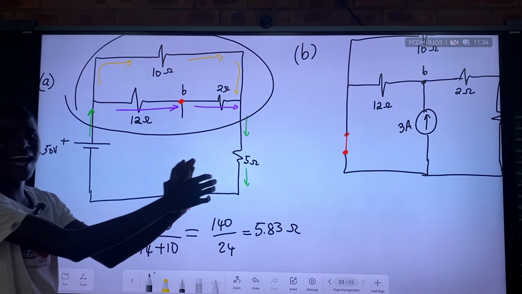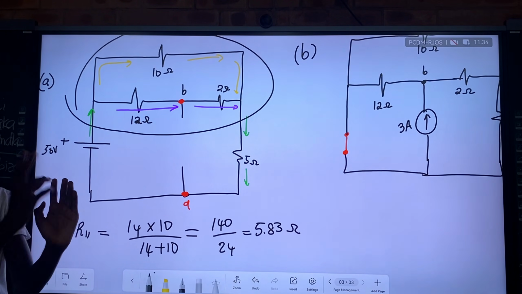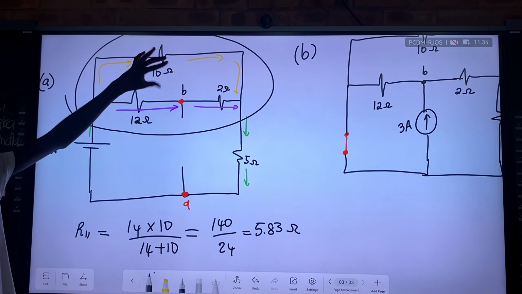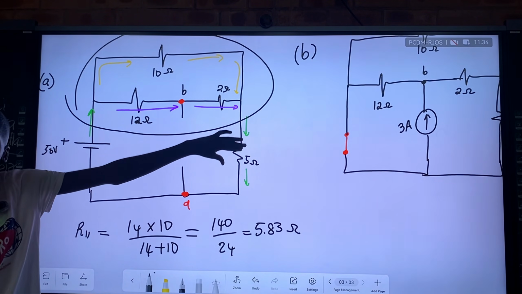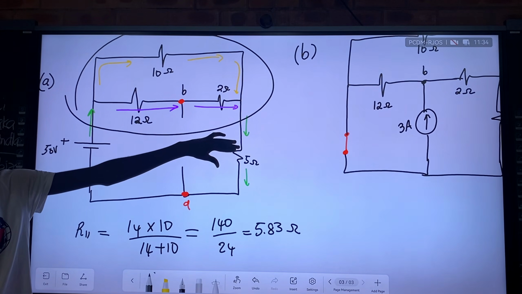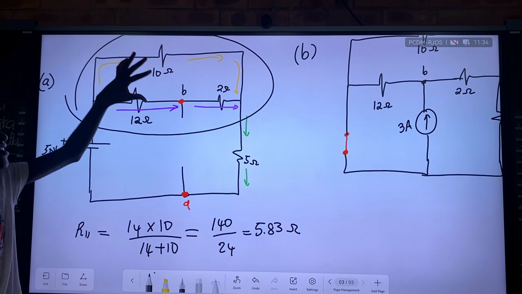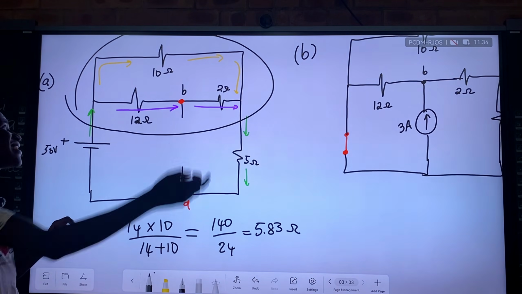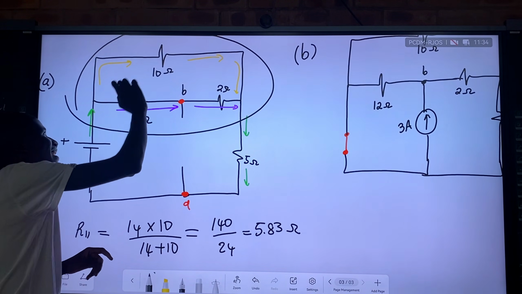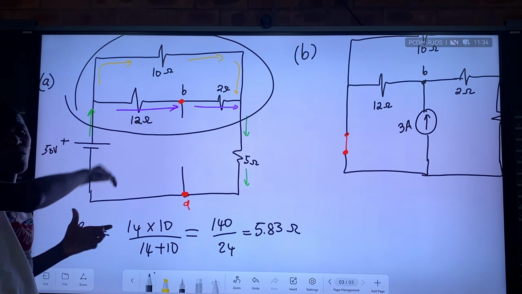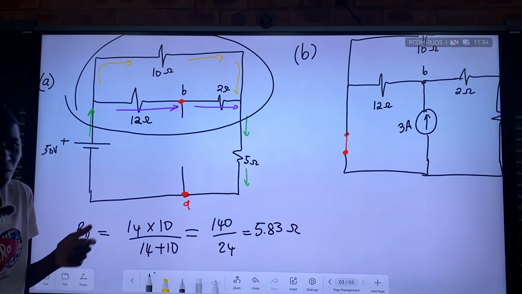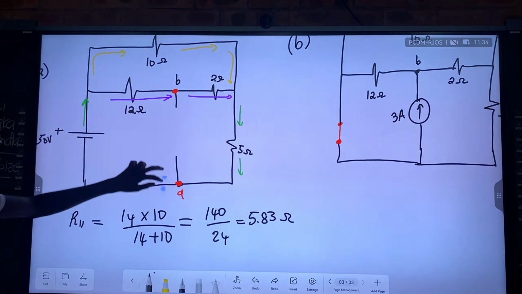So our voltage is being divided into two main parts: one voltage is going to the parallel combination, and another voltage is going to the 5 ohms resistor. The voltage across the parallel combination is equal to the voltage across the entire parallel combination. You know the basics already, so you're just touching up again.